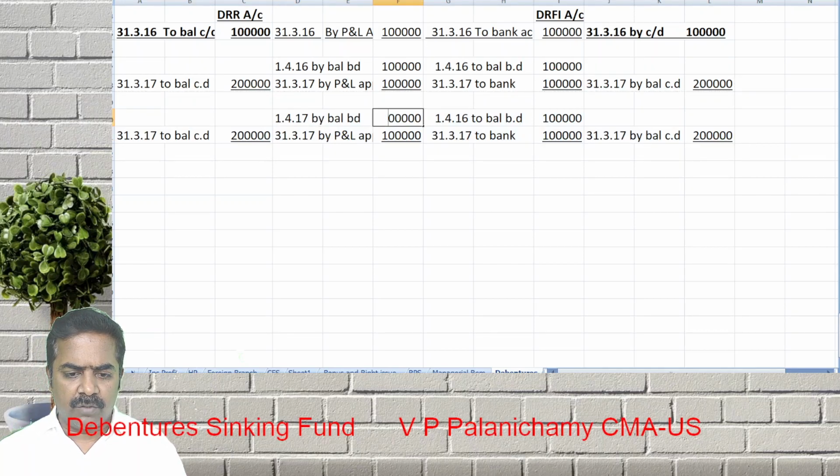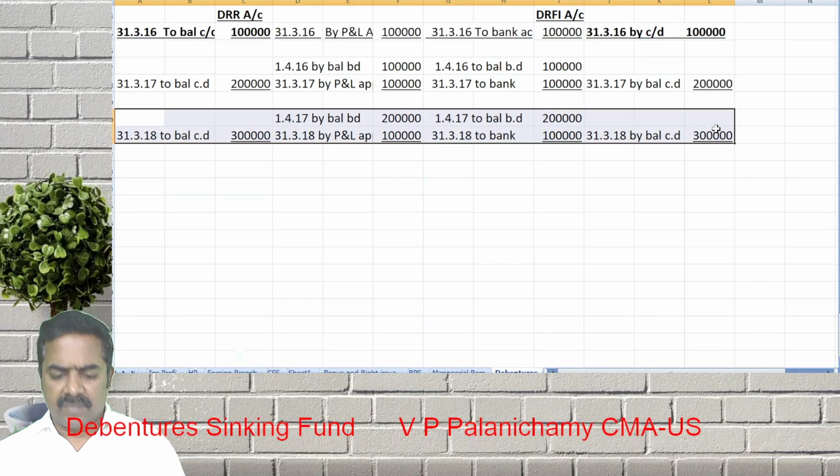1/4/2017 by balance brought down will be 2 lakhs. On 31st March 2018 we take money from the P&L account, 1 lakh. So the closing balance on 31st March 2018 will be 3 lakhs. Opening balance was 2 lakhs, then we make investment of 1 lakh, so closing balance becomes 3 lakhs. Next we are in which year? Third year.